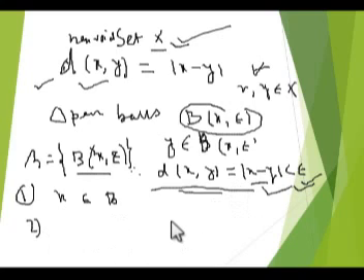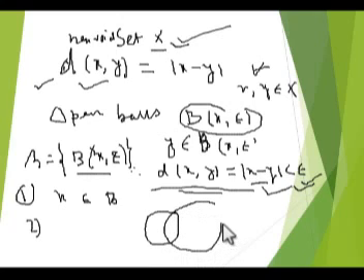If we take the intersection of two elements, again I am drawing a diagram. This is B1, this is B2. If this is X and this is Y, then X minus Y is less than epsilon, and the diameter is equal to epsilon.